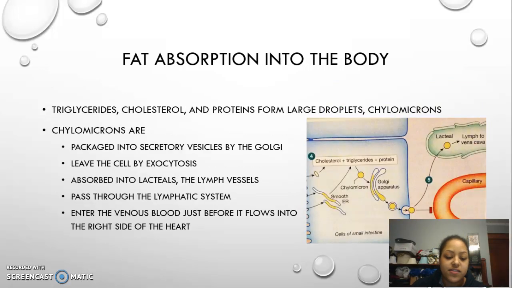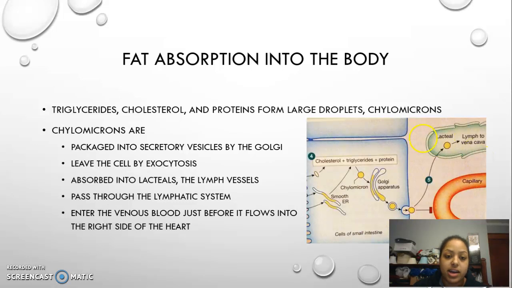And finally, there's the fat absorption into the body. Inside the enterocytes, the reformed triglycerides will coalesce with the cholesterol and other proteins to form large fat droplets called chylomicrons. These chylomicrons are too large to be excreted on their own from the cell into the interstitial fluid.